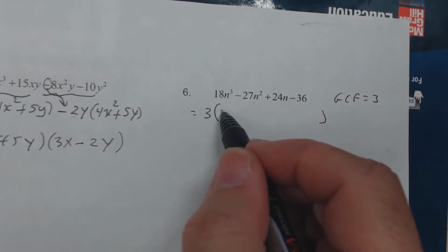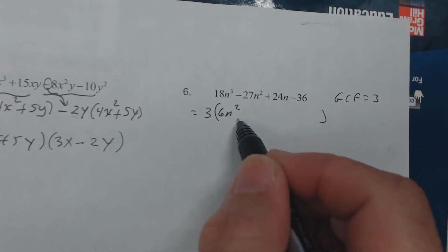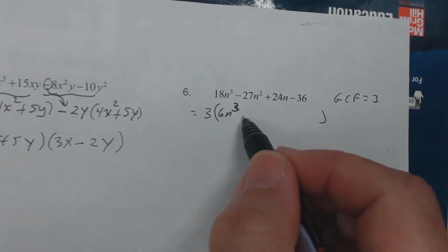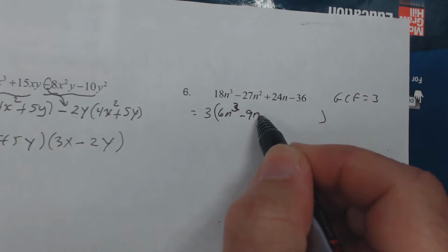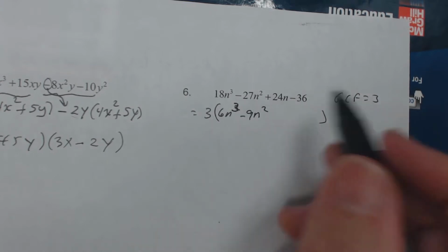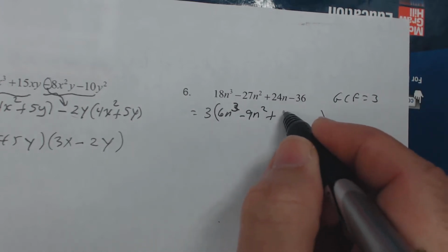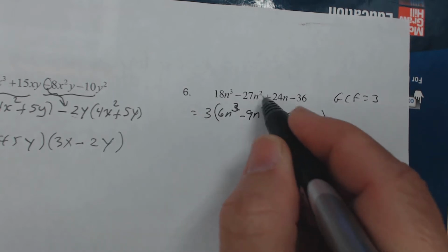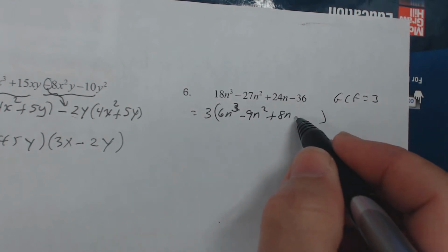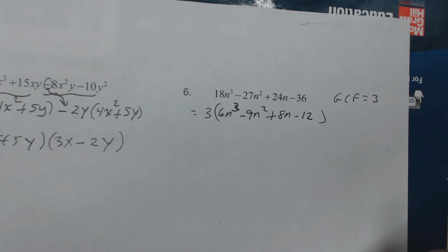So 3 times 6n squared, n cubed, minus 9n squared, 3 times negative 9 is negative 27, plus 8n, 3 times 8 is 24, and then minus 12. All right, so that's what I have so far.